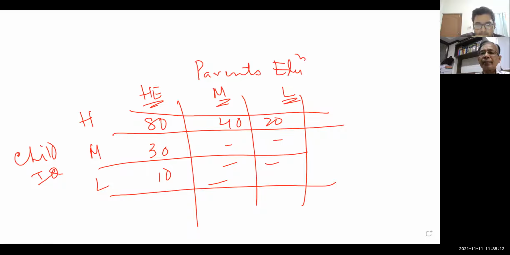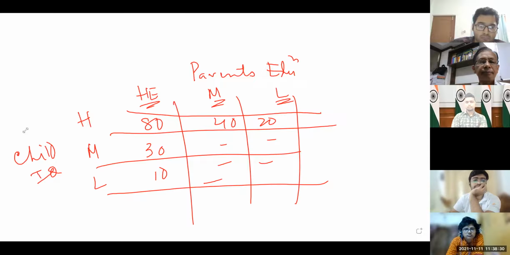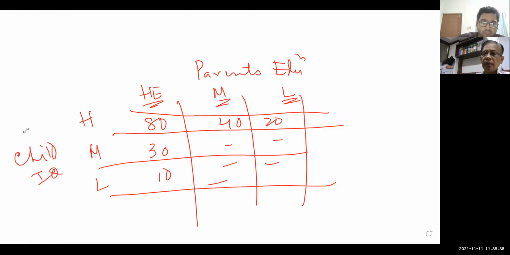Looking at this data, can anybody guess, are you able to find any pattern? Is the data saying something? Is there any pattern? Child's IQ and parents' education are related.